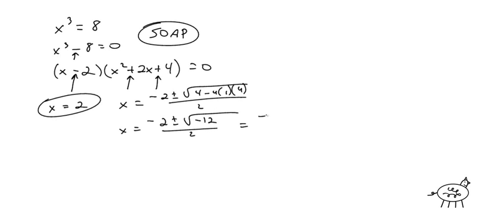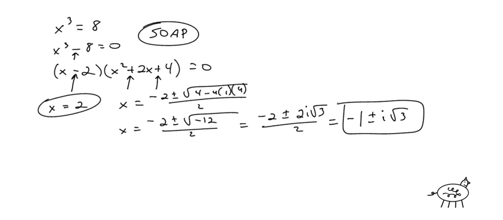And that's equal to negative 2 plus or minus, you've got to factor out an i and a 4. So you get 2i root 3 over 2. And then, of course, you simplify it to separate the real from the imaginary part. And we get negative 1 plus or minus i root 3.